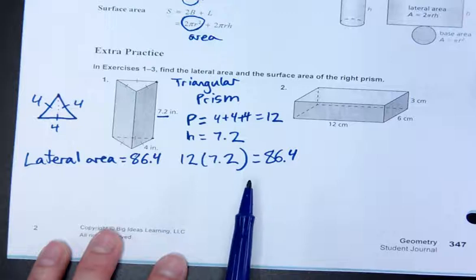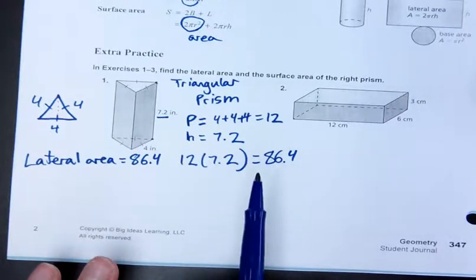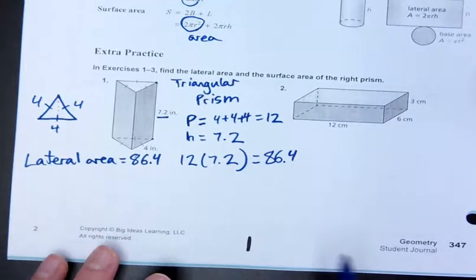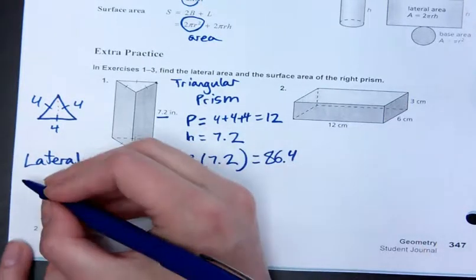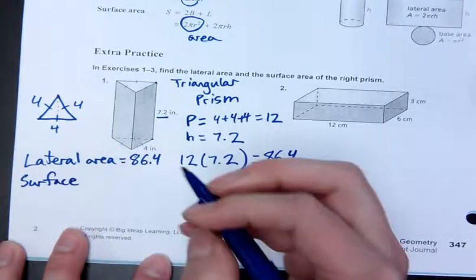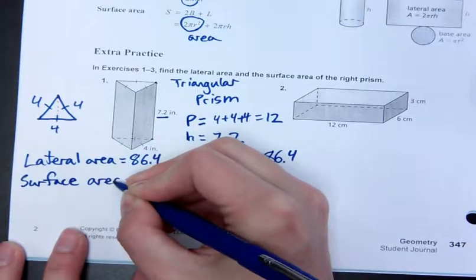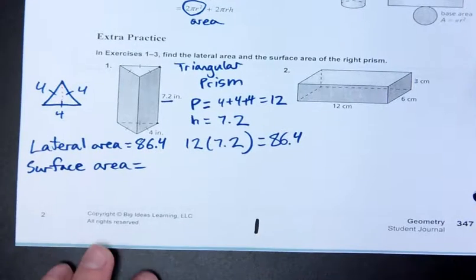No. 12 times 7 is 84, and 0.2 times 12 is 2.4. I have the answer key, which I hope is right. All right, so the surface area. Can I get the answer? Yeah, I'll upload them to Canvas. I usually do, so that if people are absent, they can see all the notes.